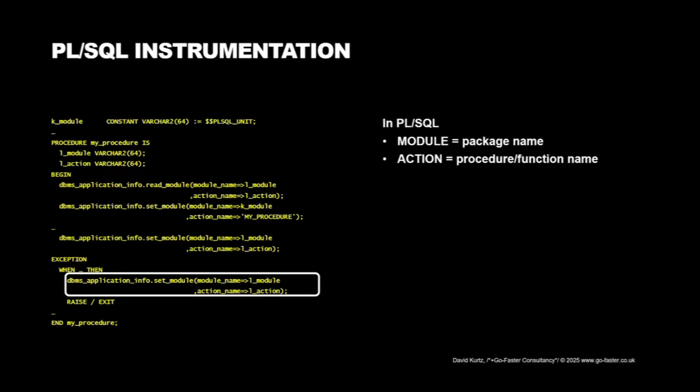This is then reflected in V$SESSION. It's then recorded to ASH. It shows up as I go through in my performance metrics. I can now profile where the time is spent and work out which procedures and packages I should focus on to improve performance.